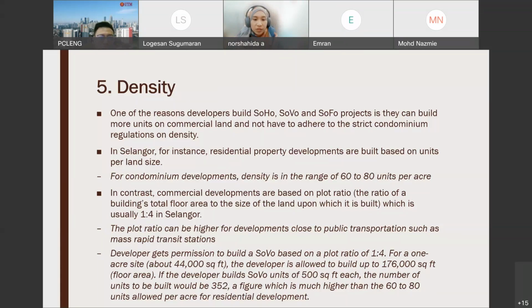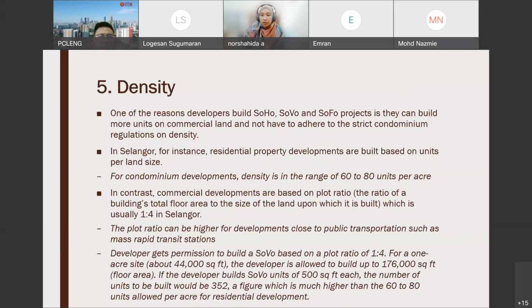So in contrast, commercial development are based on plot ratio, which is kalau macam dekat Selangor kebanyakan 1:4 lah. Okay, the plot ratio can be higher for developments close to public transportation such as mass rapid transit station. Developer gets permission to build SOHO based on the plot ratio 1:4 for a 1 acre site, about 44,000 square feet.